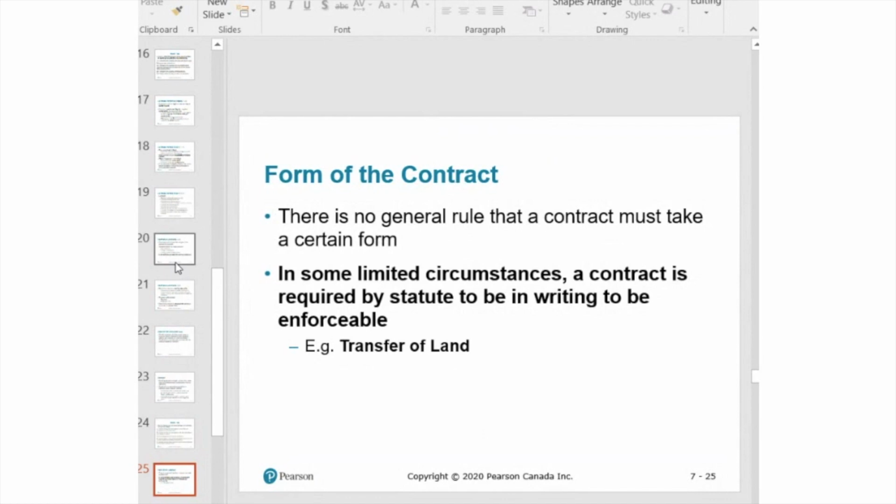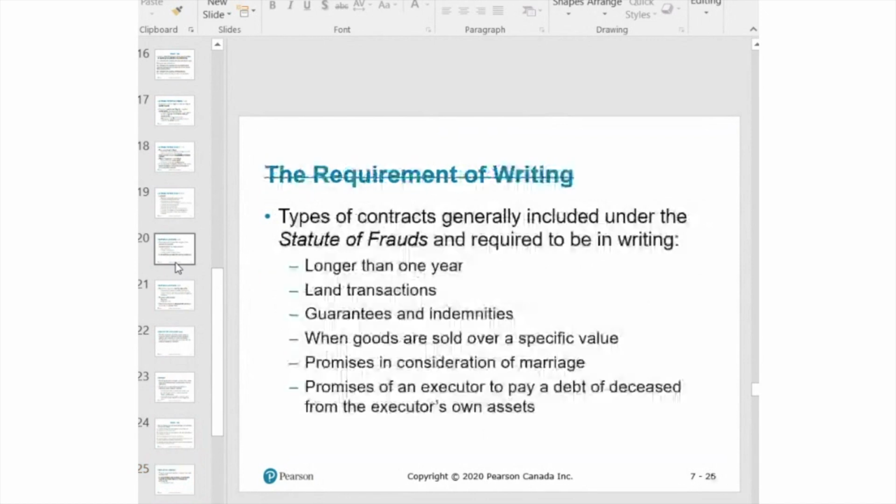So what are those types of transactions? The one you should remember is transfer of land. So whenever you're buying a house, a land, an apartment, any real estate requires a written piece. And I'm saying written piece, I'm not saying the contract itself.